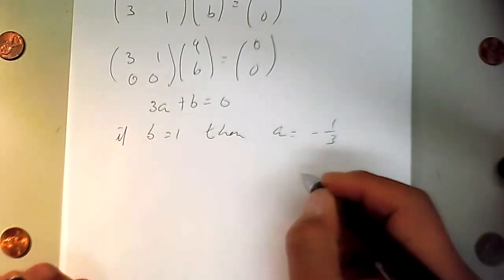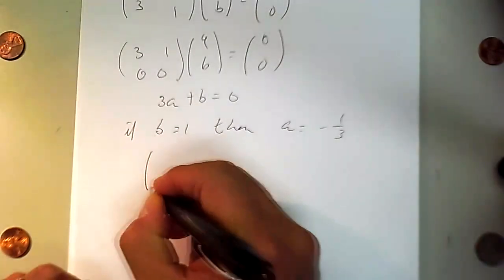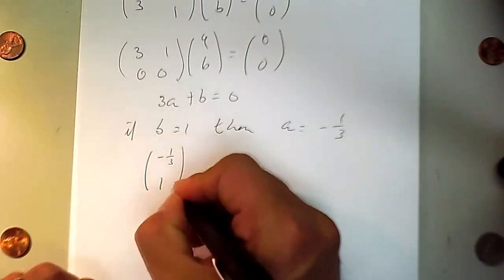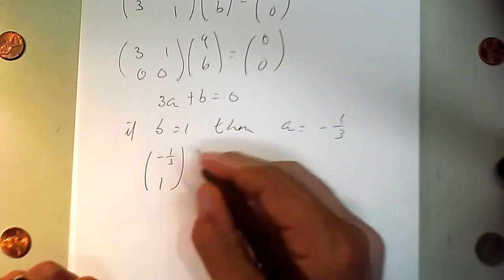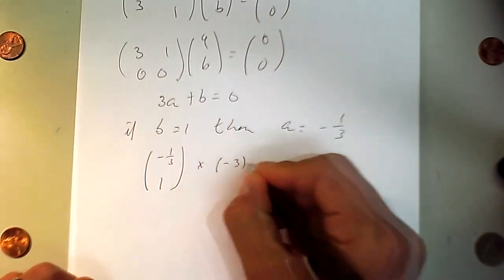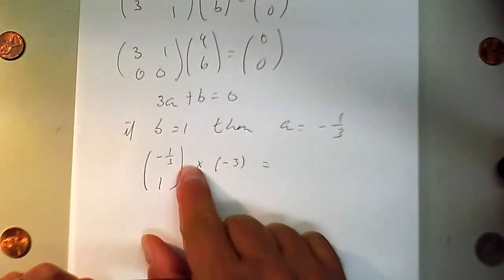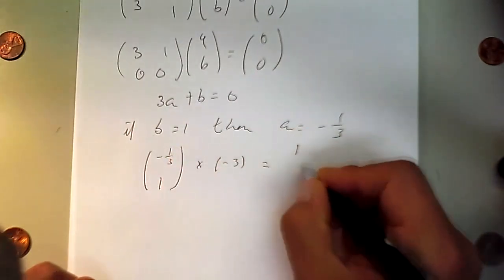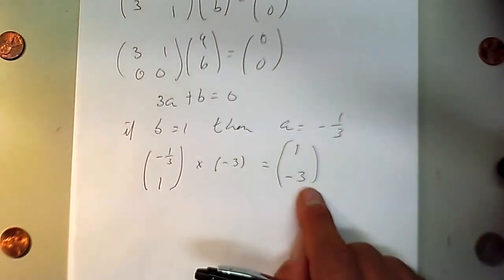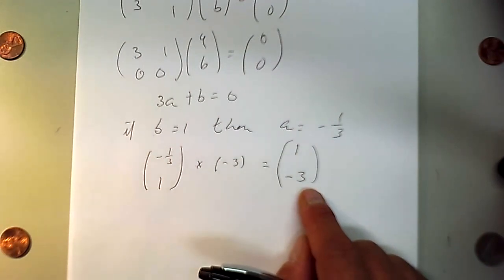So if B is equal to 1, then we have the eigenvector 1 on the B and -1/3. But if we multiply by the scalar -3, then we end up with 1, -3. And that is a more pleasant eigenvector to work with than this one.